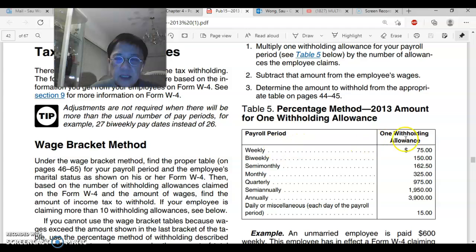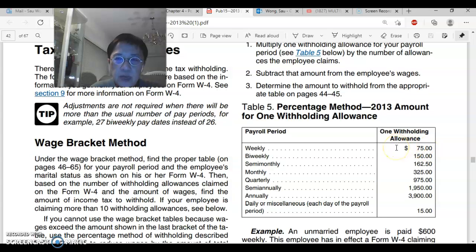Bi-weekly, $150 is for one person only, so if you have 2 or 3, you multiply by 2 or 3, okay? For the first one, single and weekly, it is 75. This is the percentage method, $75 withholding allowance.